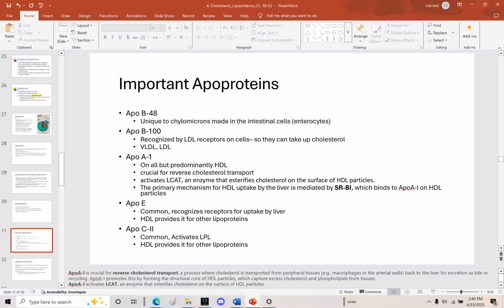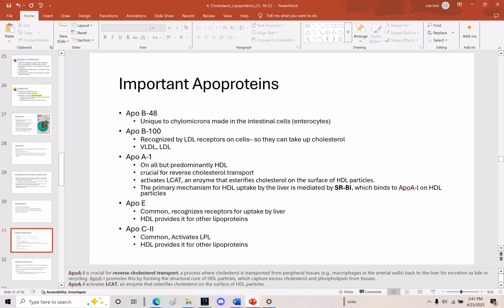ApoC2, I'm going to get to the second part of ApoE in a minute. ApoC2 is really important. It's common to all of them, but it's really most important for chylomicrons and VLDLs. So all of them will have it, but it's mostly used for chylomicrons and VLDL, because it activates lipoprotein lipase.